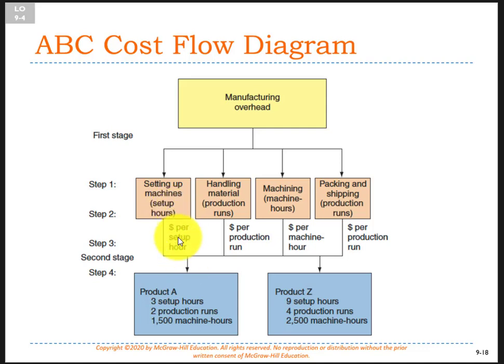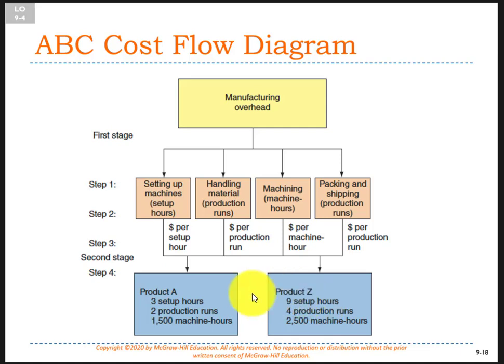And then we divide that by the number of setup hours. So we take the cost, we divide by the total setup hours. We get a cost per setup hour. And then for product A, we multiply that cost per setup hour times 3. And for product Z, we take 9 times the cost per setup hour.